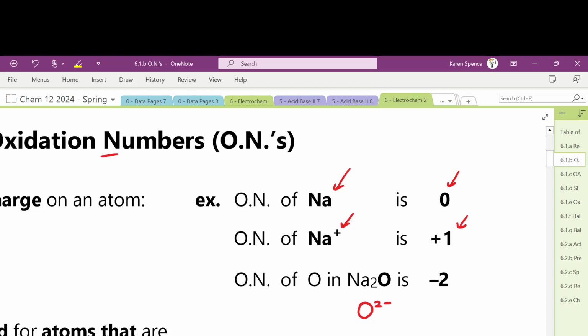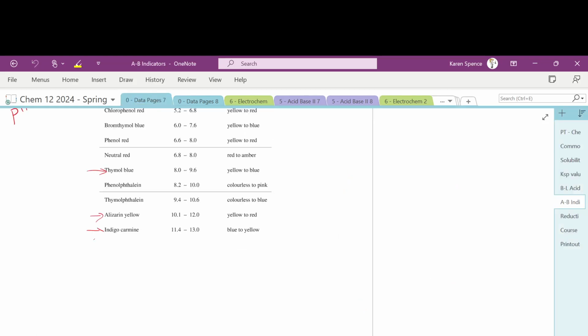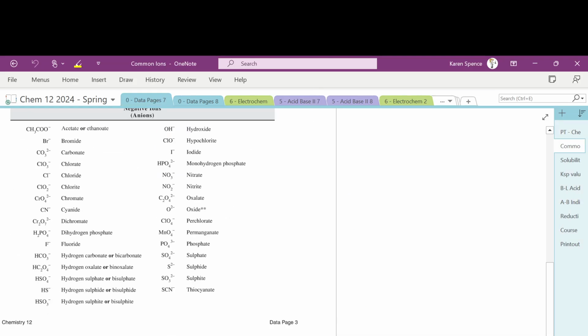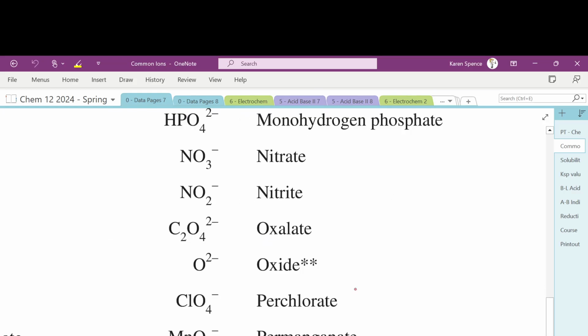And if you've forgotten how to tell what charge your ions are, if you go to your data pages, we've got our table of common ions. Oh, look, it is so kind to tell you that oxide is -2.